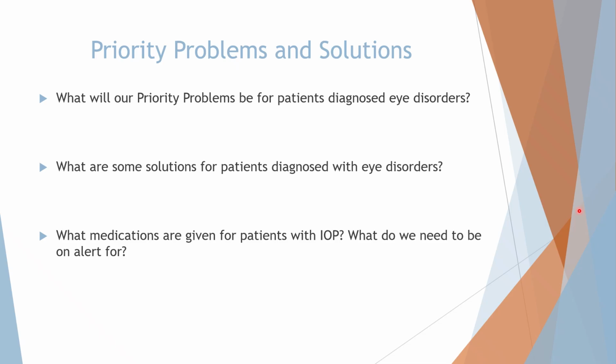Most of the time, if the patient is getting mannitol, they will be in the ICU. They probably will not be on a med-surg unit because this is a high alert medication and it needs to be monitored very closely. So just know that we will be monitoring that urine output, the electrolytes, reporting signs of hypersensitivity like rash, dyspnea, itching.